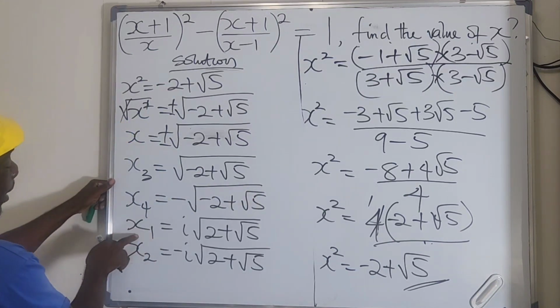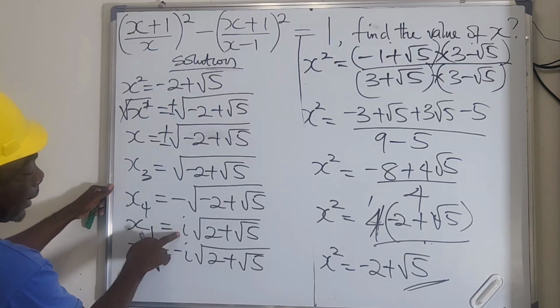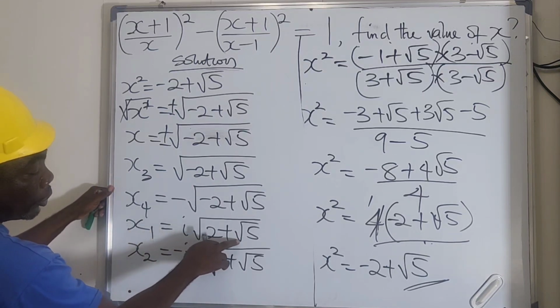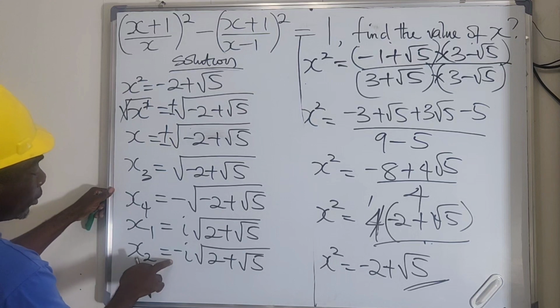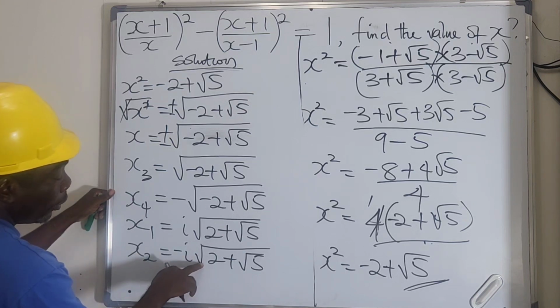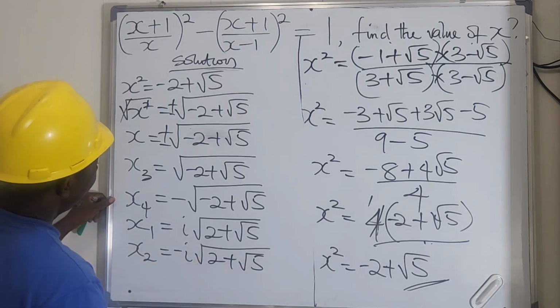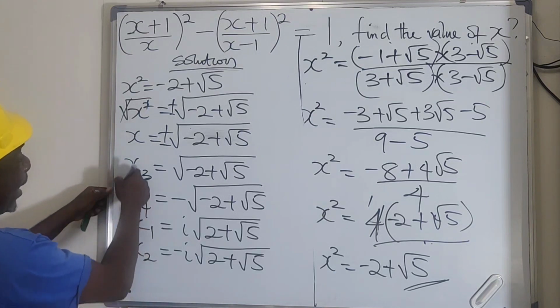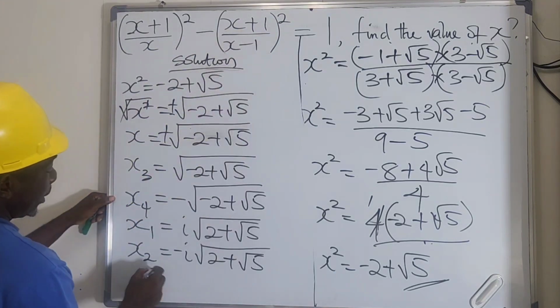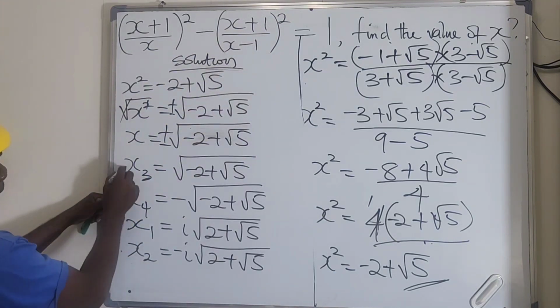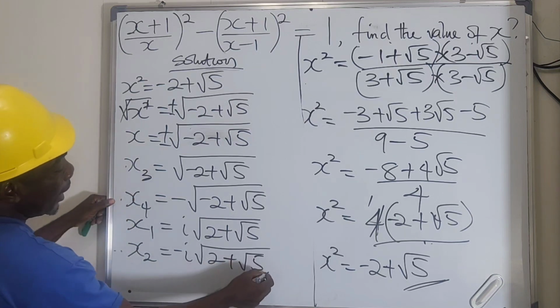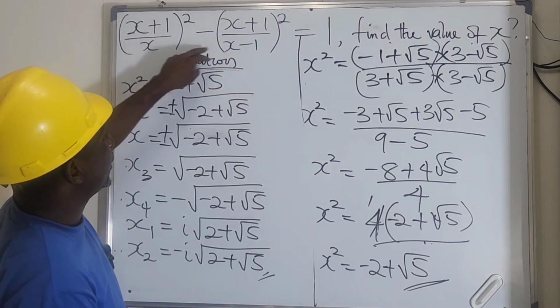And we recall that our x1 equals i root of 2 plus root 5. Then x2 equals minus i square root of 2 plus root 5. So these are the possible values of x from this equation, which are x1, x2, x3, and x4. So these are the possible values of x in this equation.